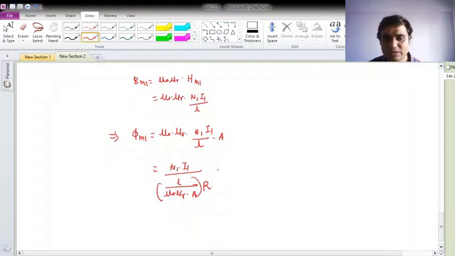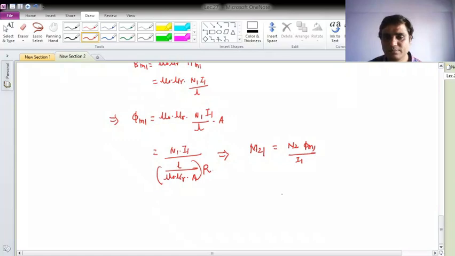So with this, M21, the mutual flux linked with coil 2 due to the flow of current in coil 1, is N2 phi m1 per amount of current flowing.